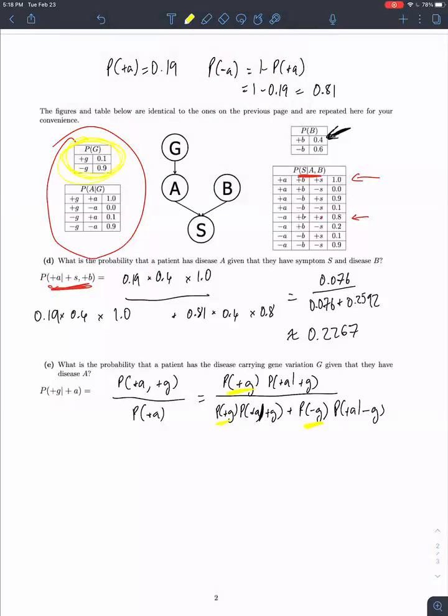Yellow is not the greatest color. Oh well. And probabilities of values of A given values of G, which is this table here, right? So we're ready to do this.